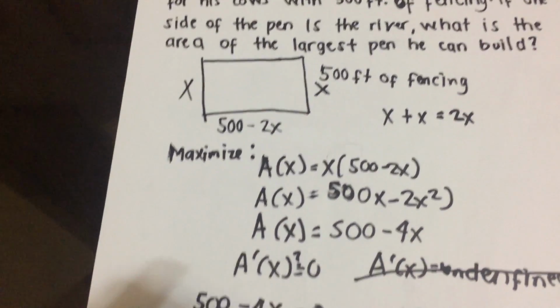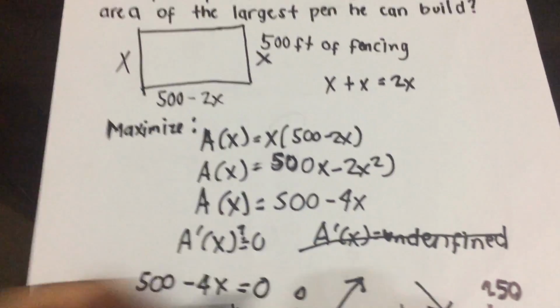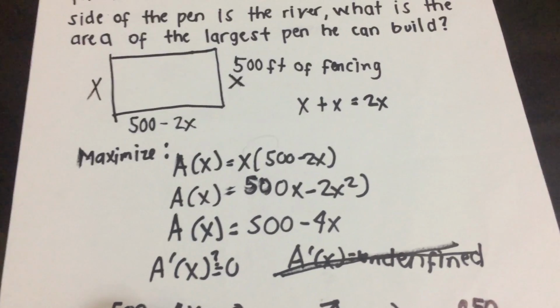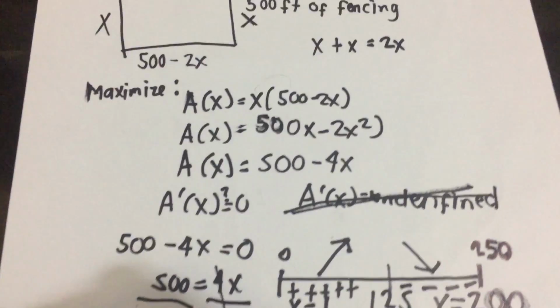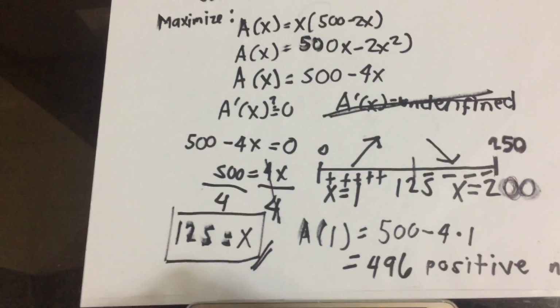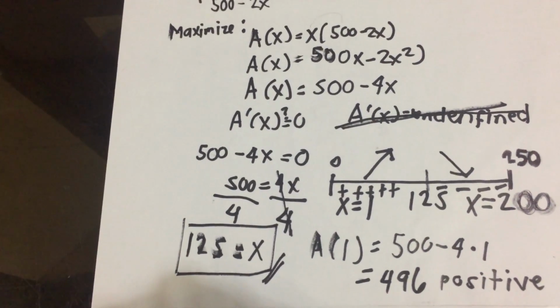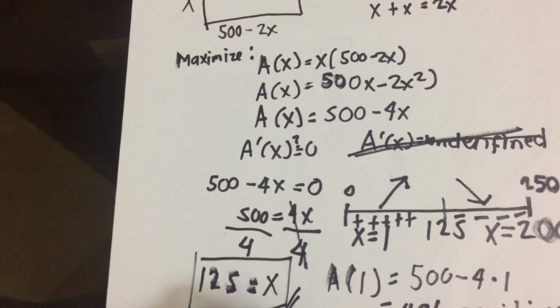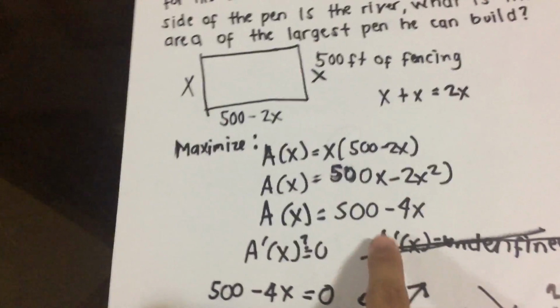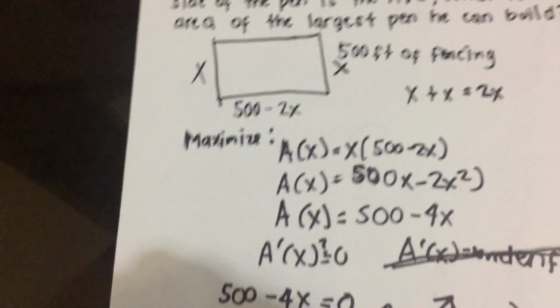So I simply cross out the undefined. We can certainly take the derivative and set it to 0 to solve: 500 minus 4x equals 0. We can add the 4x on both sides here.